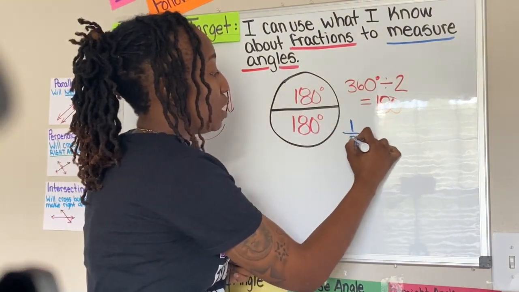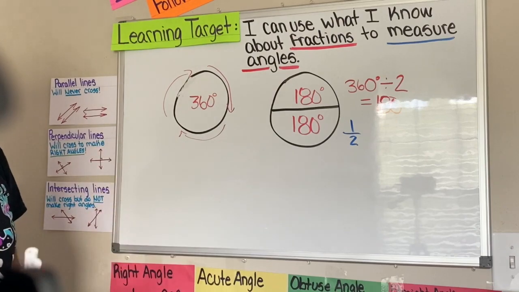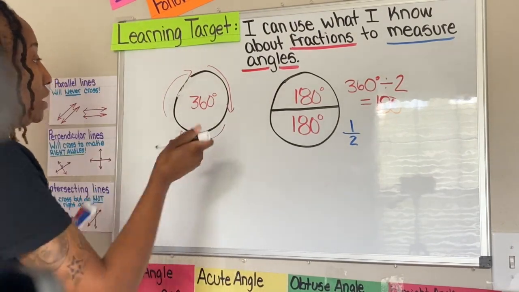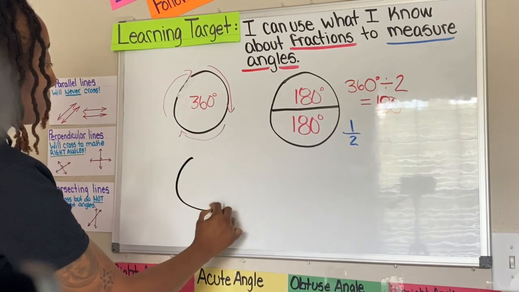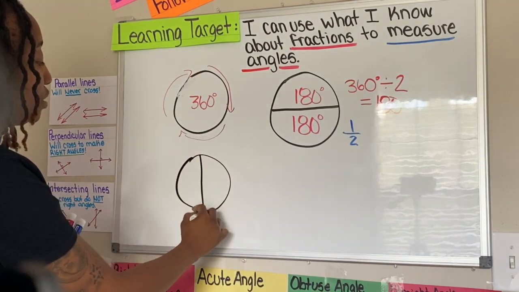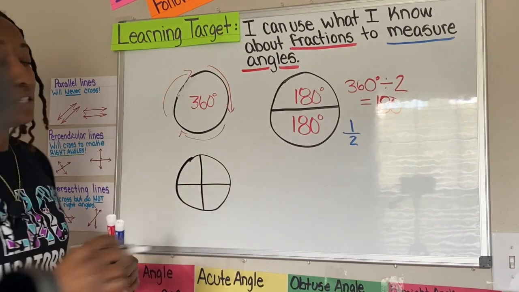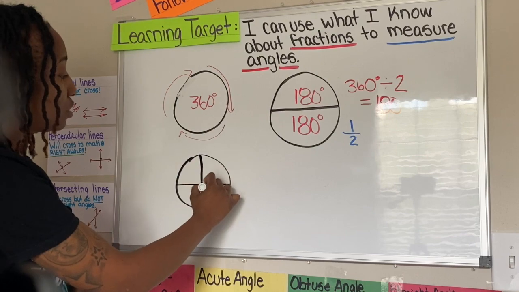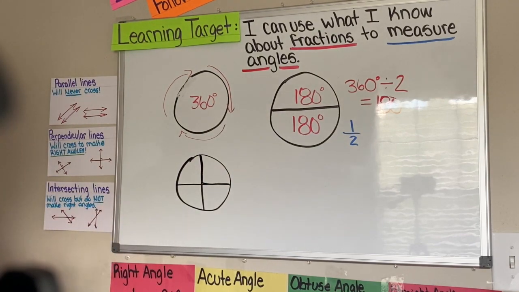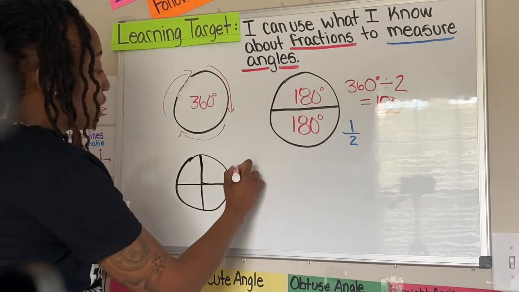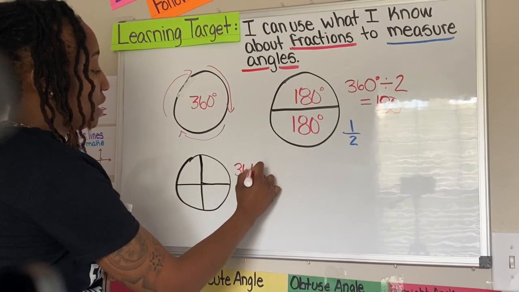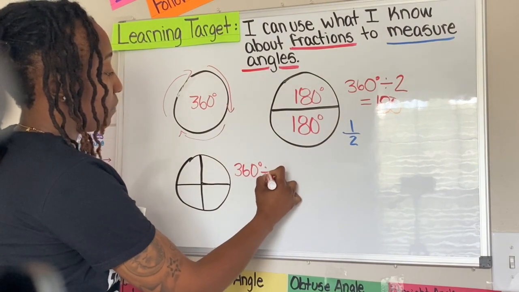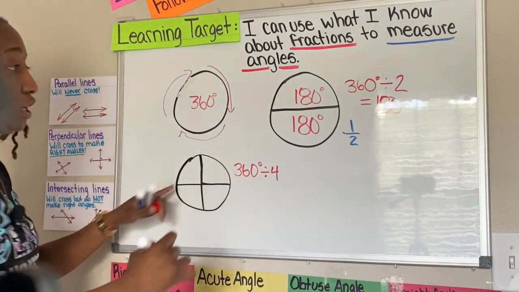Using what we already know about fractions, and we talked about our second benchmark fraction being fourths, I would then take my circle and partition it into fourths. In partitioning this circle into fourths, I'm taking the 360 degrees of this circle and dividing it into 4 equal parts.